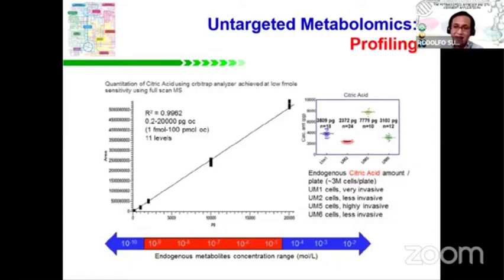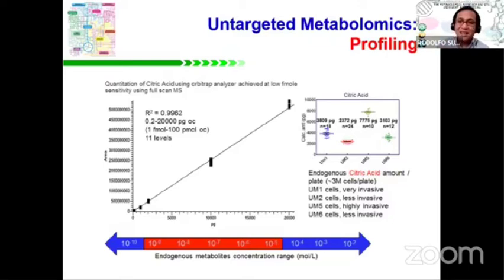Different cells have different metastatic capacity, and through global metabolomic screening, eventually leading to targeted metabolomics, scientists discovered that citric acid could identify the low and high metastatic human squamous carcinoma cells.